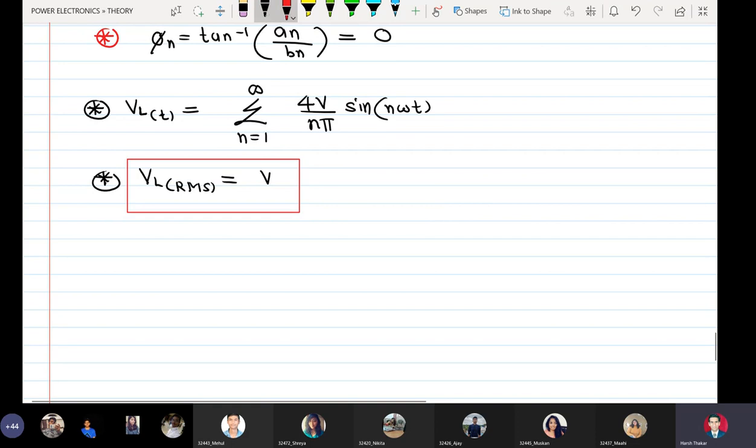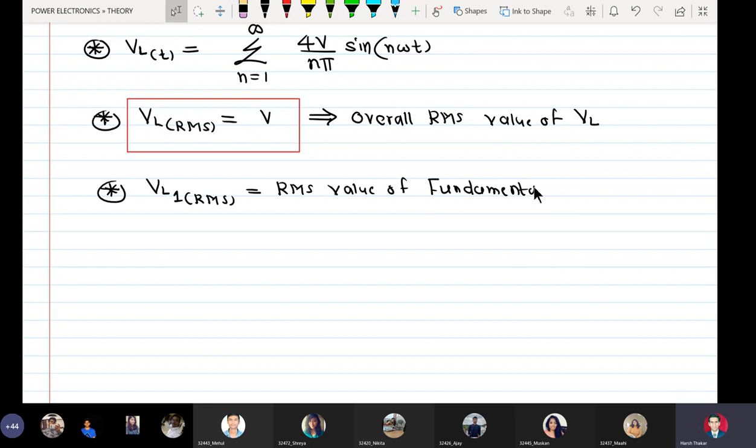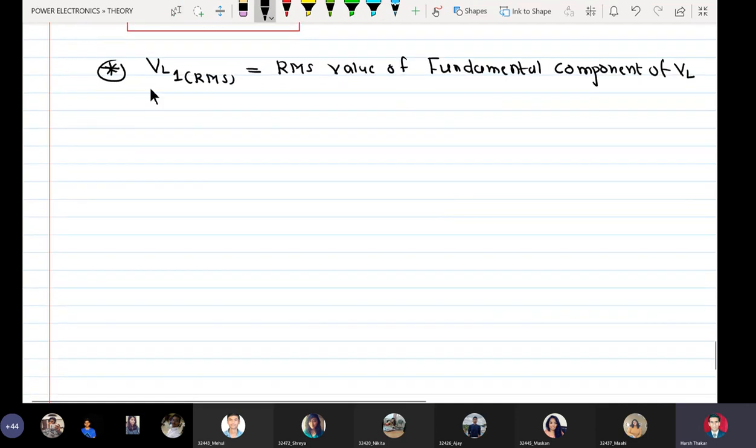VL RMS equal to V represents the overall RMS value of load voltage, and when I write down VL1 RMS, it represents the RMS value of the fundamental component of VL.